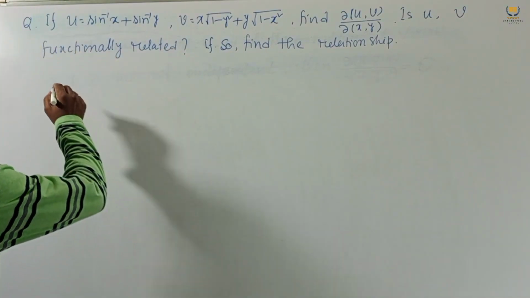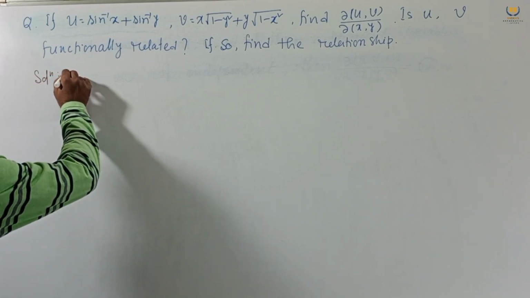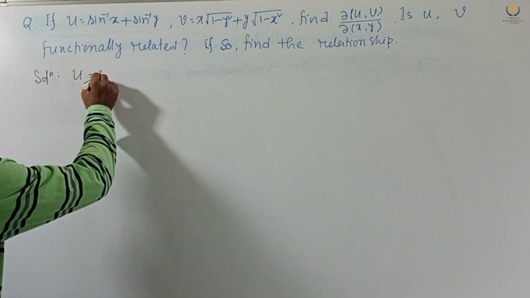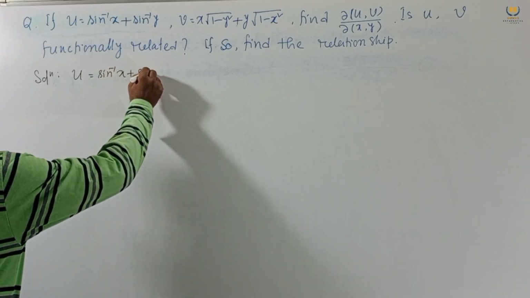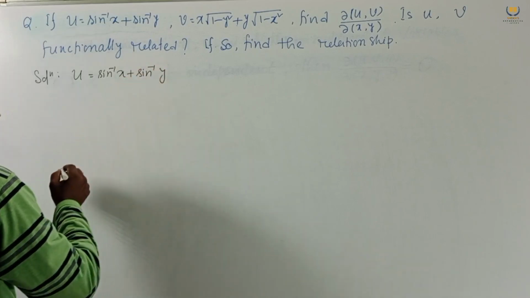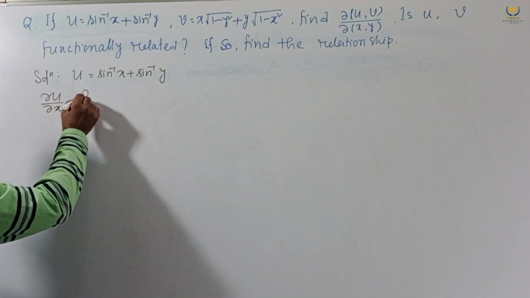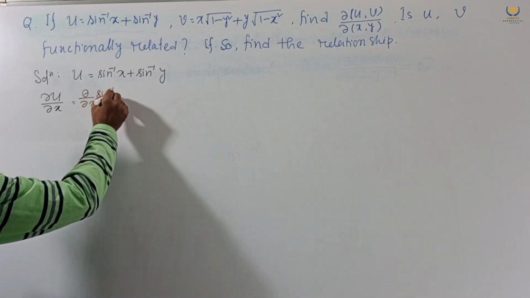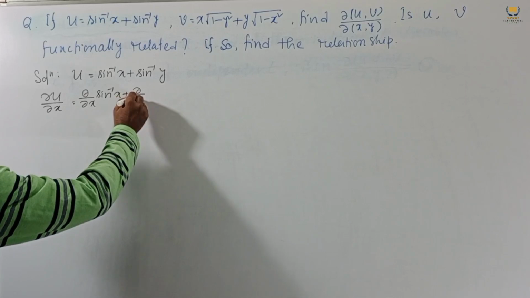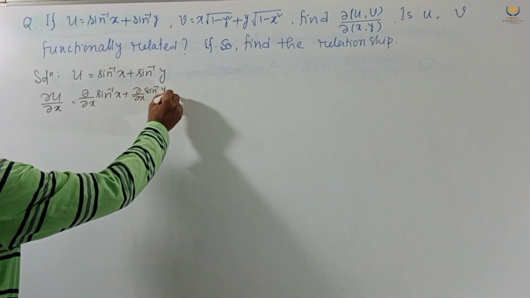Now the solution starts. First we consider u. Here u equals sin inverse x plus sin inverse y. First we find ∂u/∂x, which is ∂/∂x of sin inverse x plus ∂/∂x of sin inverse y.